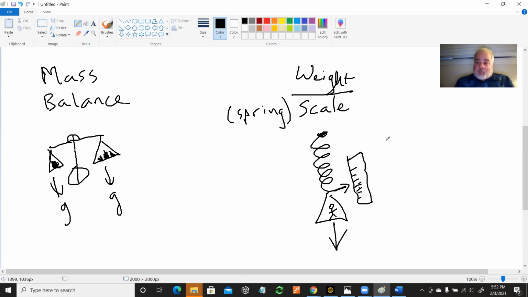Now, this does depend on where you are in the universe. So my weight changes if I'm here on Earth, or I'm on the moon, or I'm on Pluto. Weight changes. So weight and mass are not the same thing, but we can convert between the imperial weight system, pounds and ounces, and the mass system if we make one assumption.